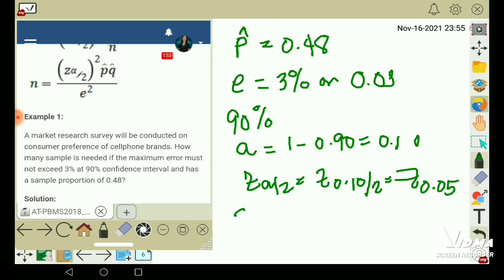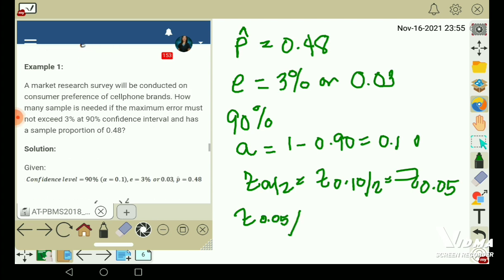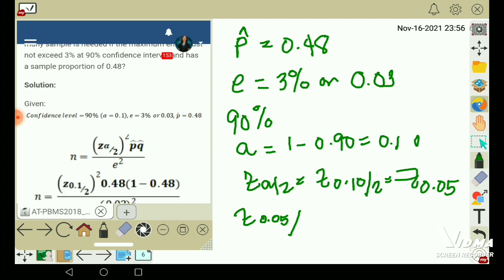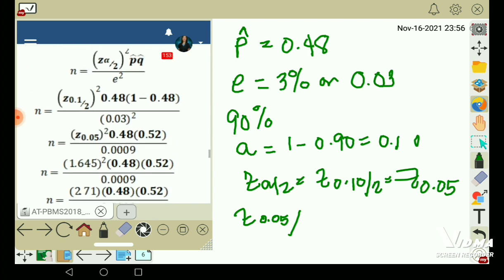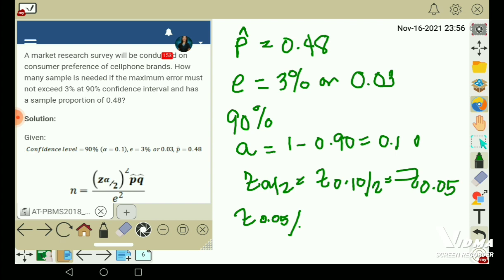And the value of that z sub 0.05 is given by 1.645. Okay, so we now have the givens.